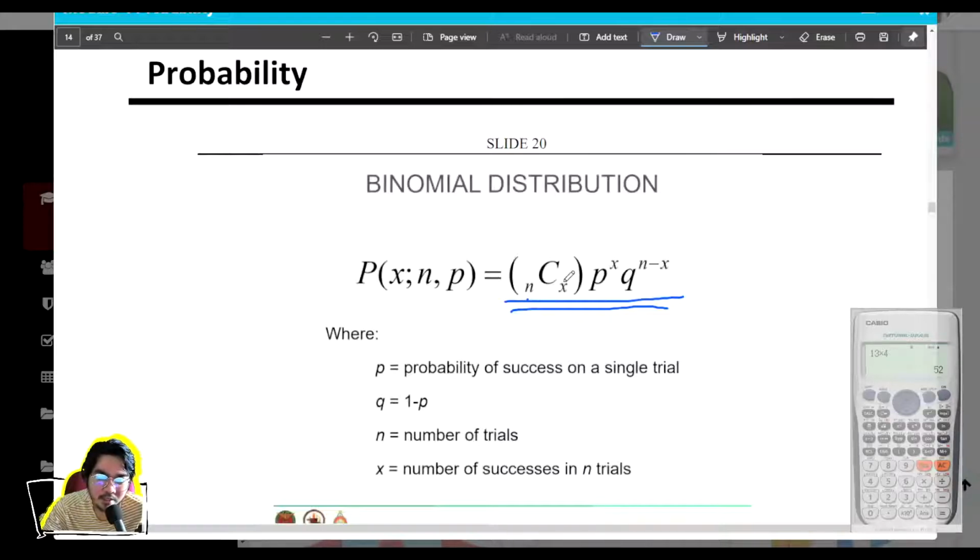So that's n combination x multiplied by the probability of success in a single trial raised to the power of x. Tapos the probability of failure in a single trial raised to the power of n minus x. Okay? So this is the success, the probability na on siya, and this is the probability na off siya.